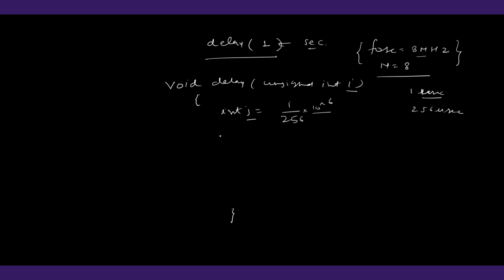Then we have to write a loop, while count is less than or equal to j, and a variable, int count equal to 0.